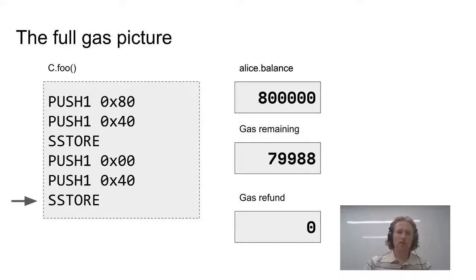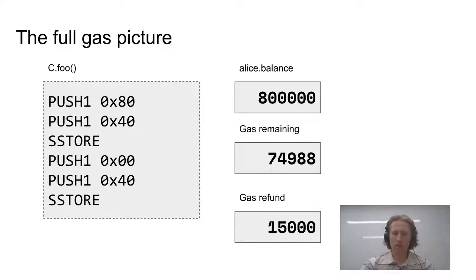And then here's the interesting part. Let's say that she zeroizes a word of storage. Remember, that's an opcode that actually has a negative cost. Her gas remaining never goes up, so your gas remaining can only go down. In fact, zeroizing a word in storage actually has a gas cost of 5,000.